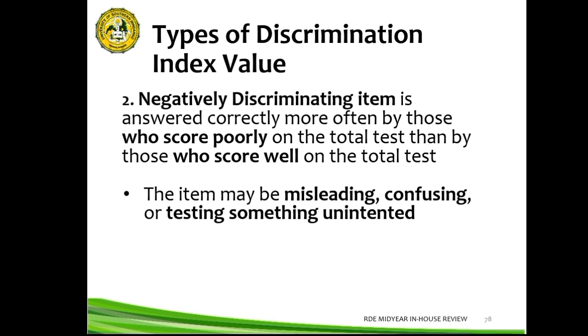A positively discriminating item is answered correctly by high-performing students more than low-performing students. In the negatively discriminating item, the item is answered correctly more often by low-performing students than high-performing students. This means the item may be misleading, confusing, or poorly written.